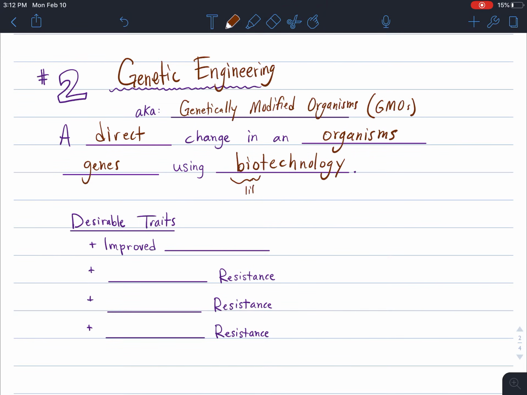Remember, bio means life. So these types of biotechnology that we're using are things like bacterias or viruses, or even this thing that many of you know about called CRISPR.